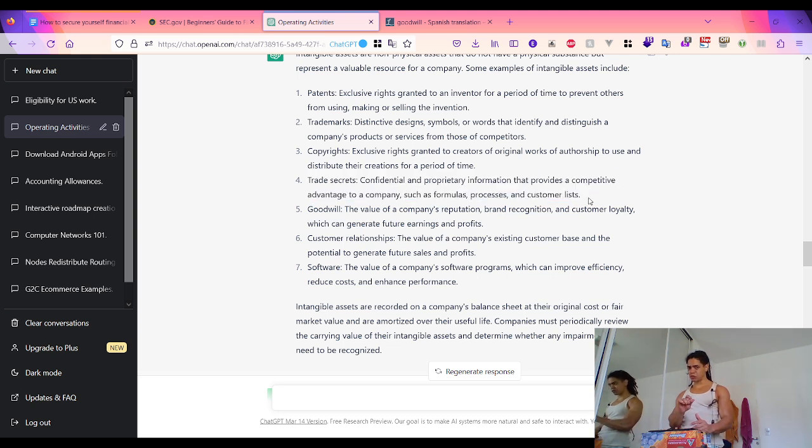Goodwill, the value of a company's reputation, brand recognition, and customer loyalty, which can generate future earnings and profit.